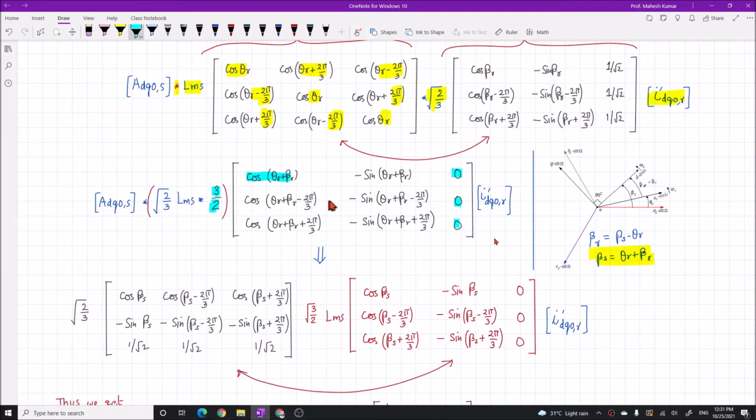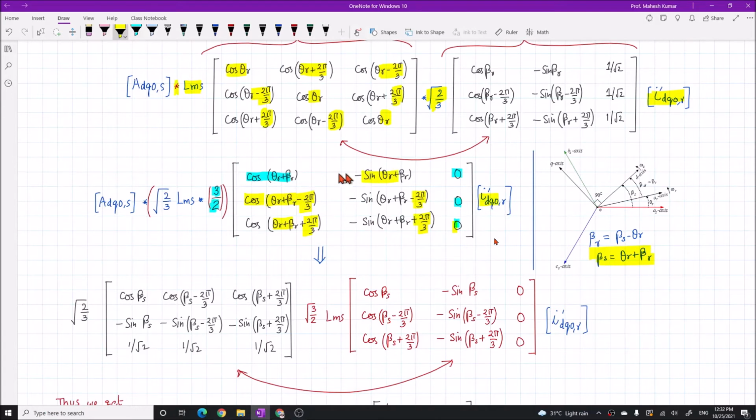So that 3 by 2 into cos theta r plus beta r. This is minus sin theta r plus beta r. Here it is cos theta r plus beta r minus 2 pi by 3, and here it is also minus 2 pi by 3. The third row cos theta r plus beta r plus 2 pi by 3, and here it is also plus 2 pi by 3 in the sin term. These are 0 elements. Here it is I dq 0 r dash.